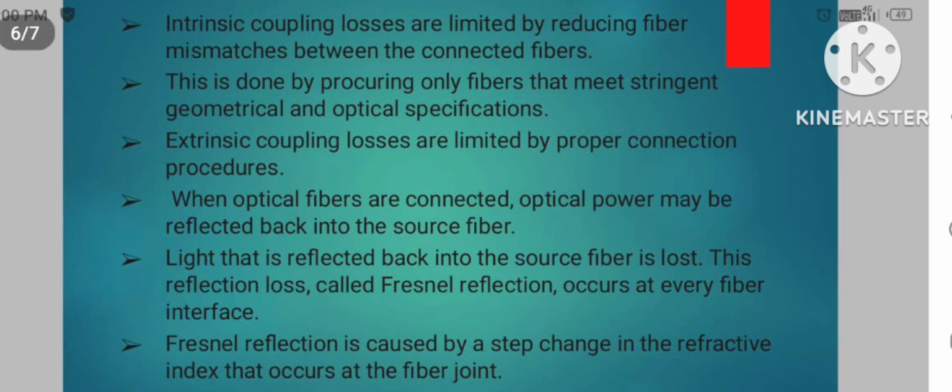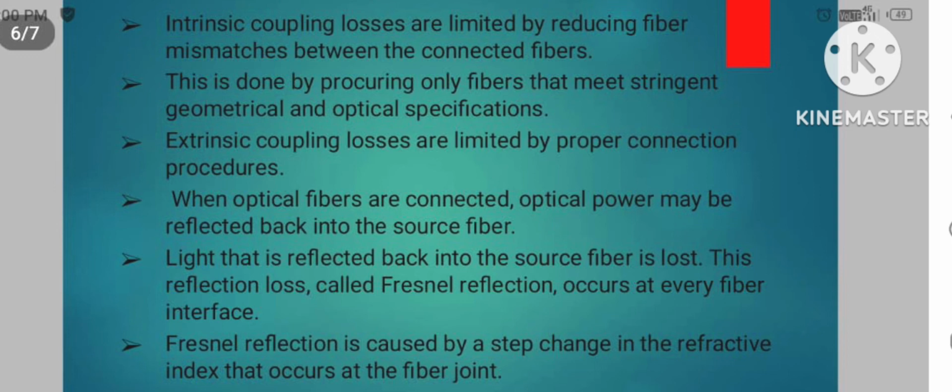This is done by procuring fibers with matching numerical aperture, geometrical specifications and several parameters which have to be considered in fiber joints. If we consider all those parameters, we can definitely reduce the intrinsic coupling loss.